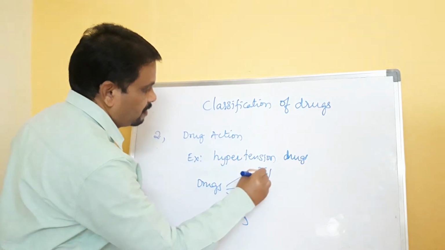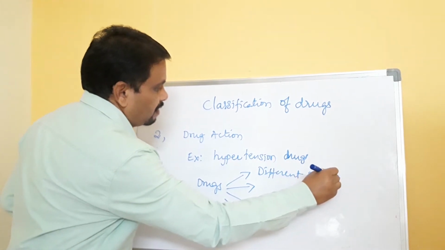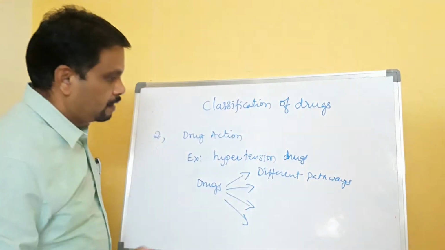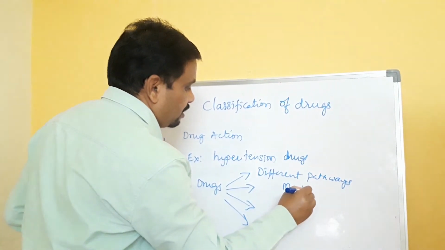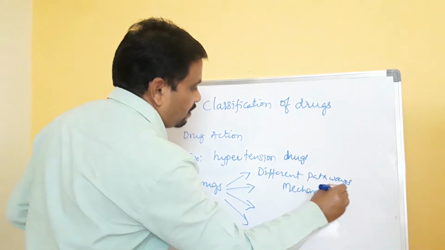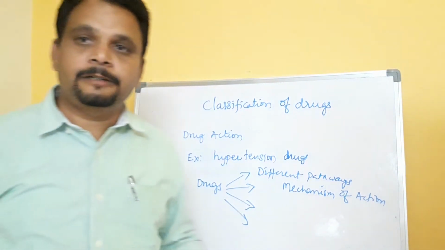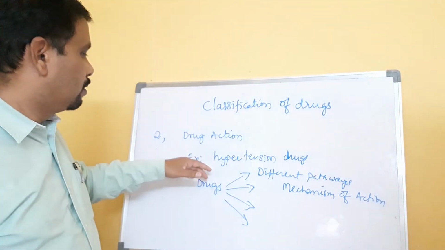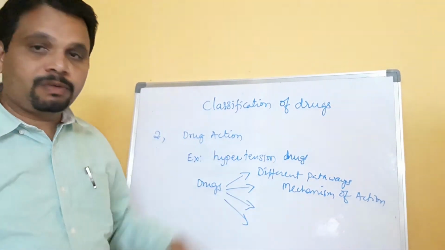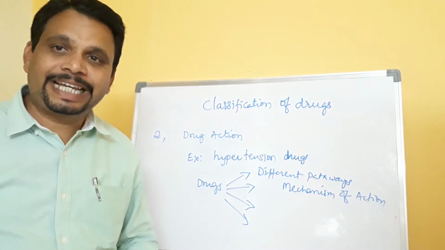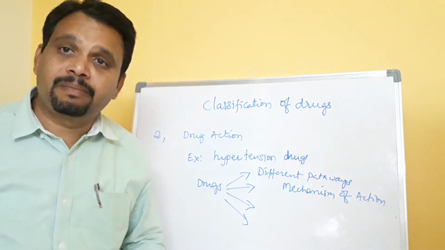Different pathways is nothing but different mechanisms of action. So we can classify drugs on the basis of drug mechanism of action. This is the second classification, which mainly depends upon the drug mechanism of action.